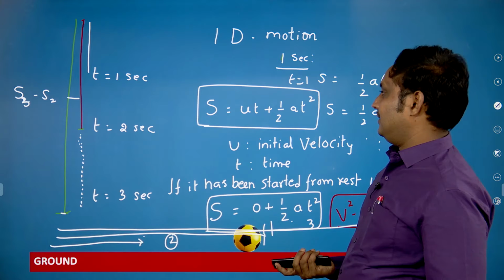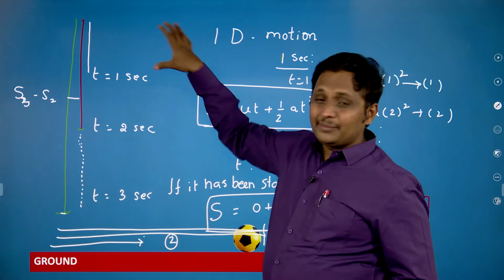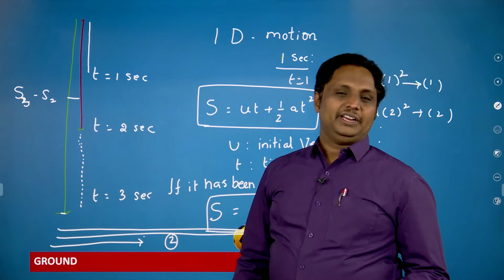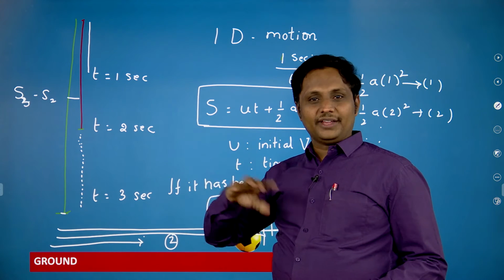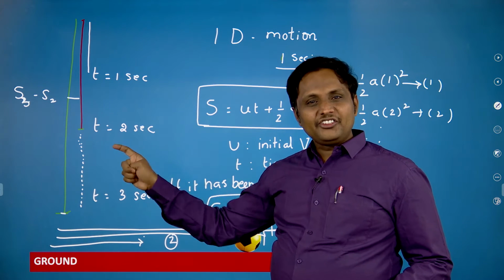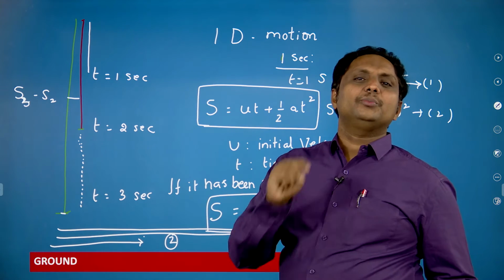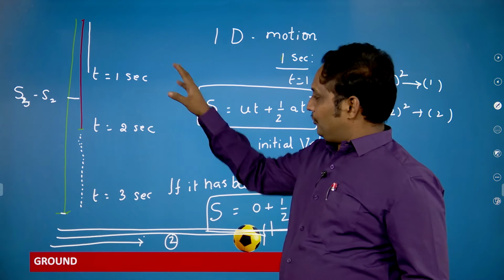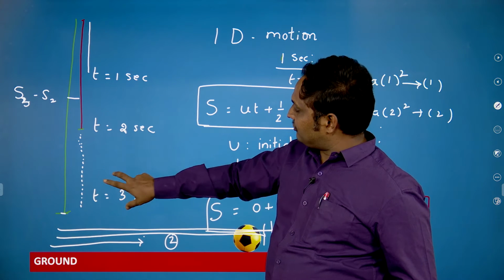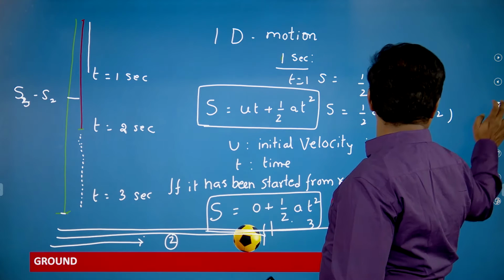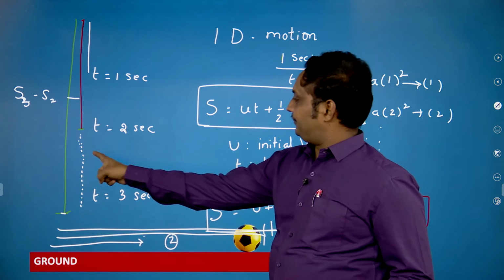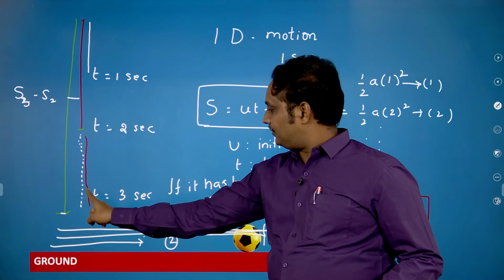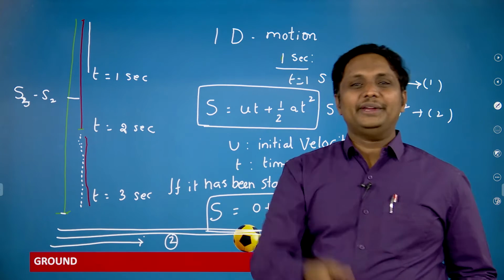As the time increases, the vertical displacement increases; the distance covered by the body increases, it never decreases. So you have to find out that in the particular interval of time.